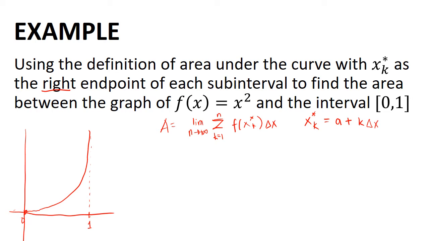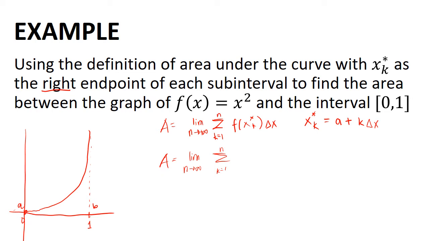Okay. Remember, yung interval natin is 0, 1. So, this means ang a natin is 0 and ang b natin is 1. And yung function na given natin is x squared. Therefore, pwede nating palitan yung ating f of x star k dyan ng alin?